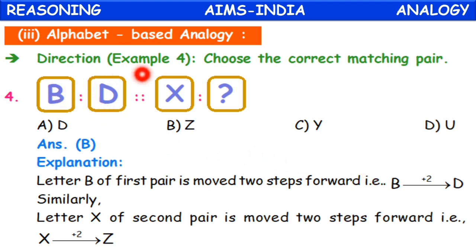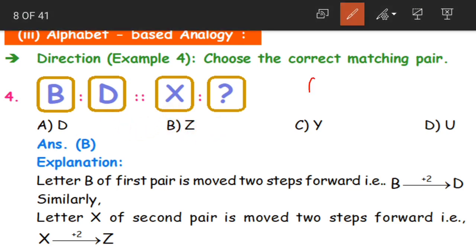Next, alphabet based analogy. Now choose the matching pair. We are having B, D. Then we have X and then dash. So B is related to D and in the same way X is related to dash. If you look at the alphabets, children, A, B, C, D, E, from B if we take 2 steps, 1, 2.